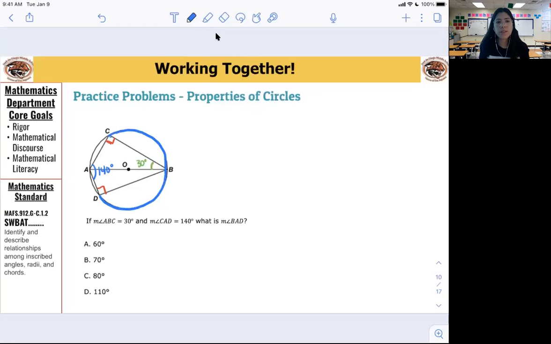CAD is 60. You're close on that, Rios. You're really close. Arc CD is 120. Nope, it's not 120. The one I highlighted, Jalen? The small one. So CAD.